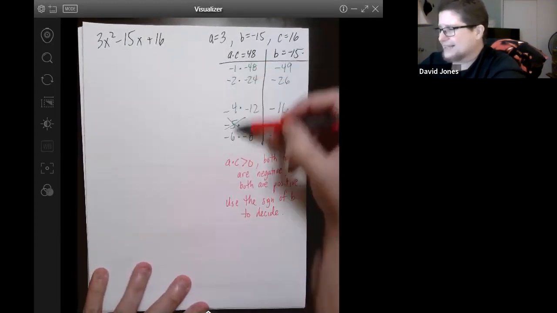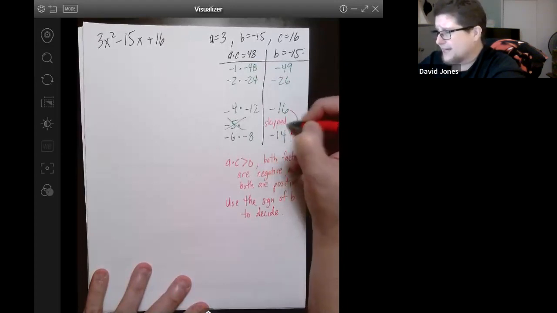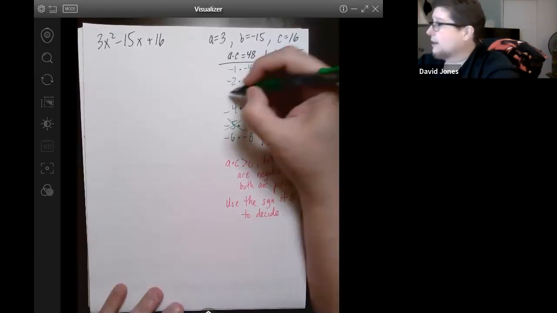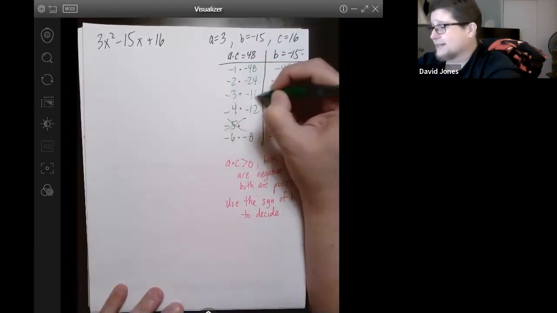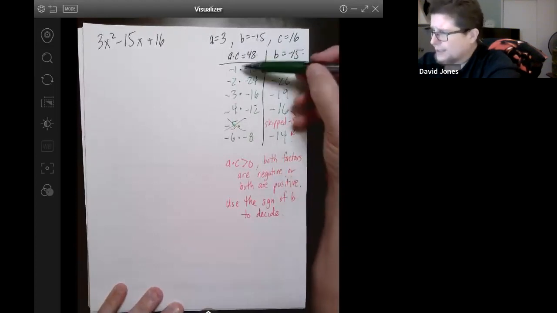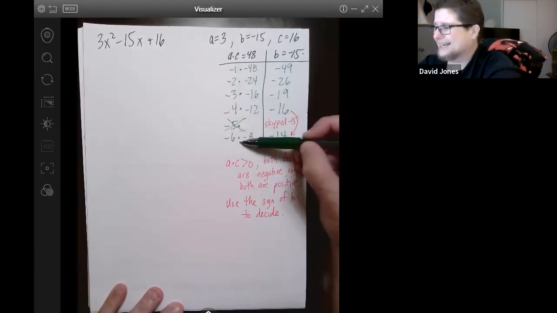We have that systematic order. We skipped negative 15. If you wanted to show it out, include the negative 3. You should have negative 16, which will give you negative 19 added up. Going systematically, 1, 2, 3, 4, 5 didn't work, 6.